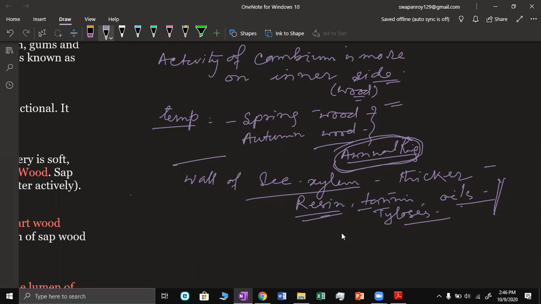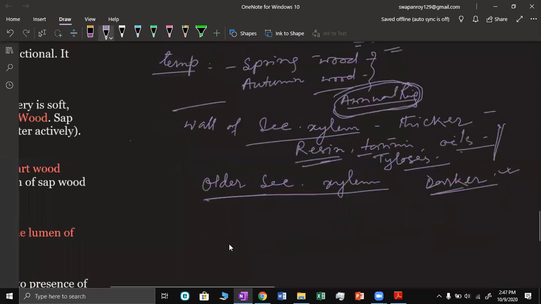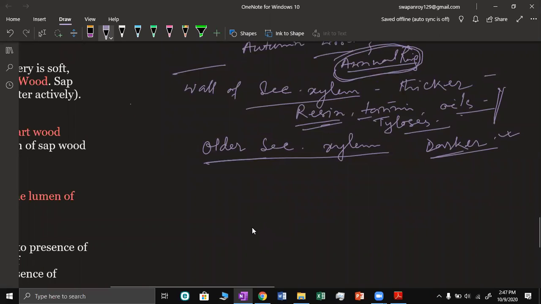So this older secondary xylem becomes darker in color, and they are gradually unable to conduct water. This secondary xylem, which is located towards the center of the stem, that one is known as heartwood.